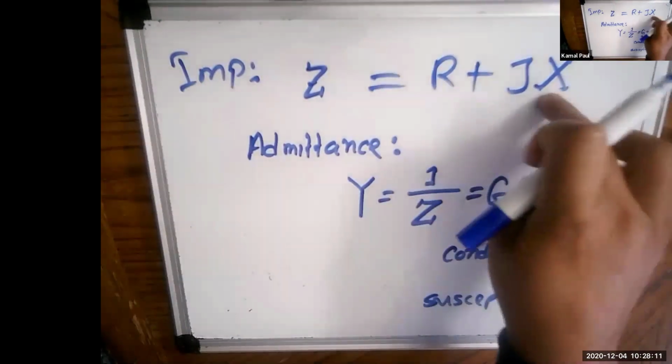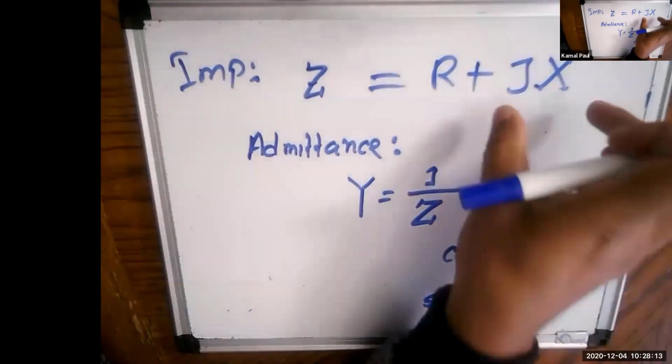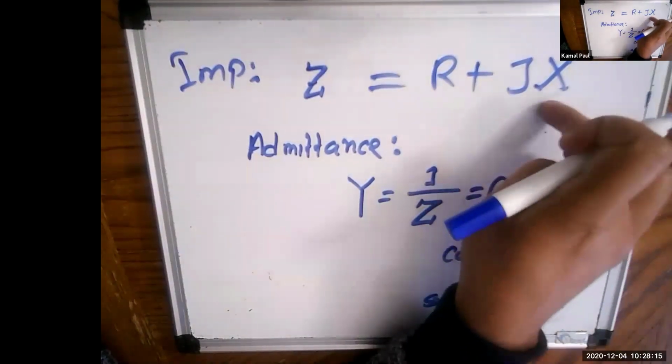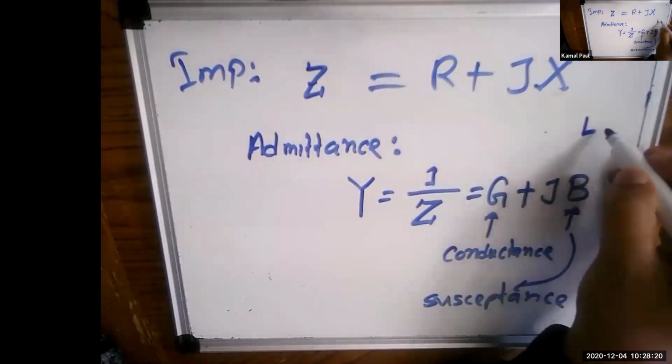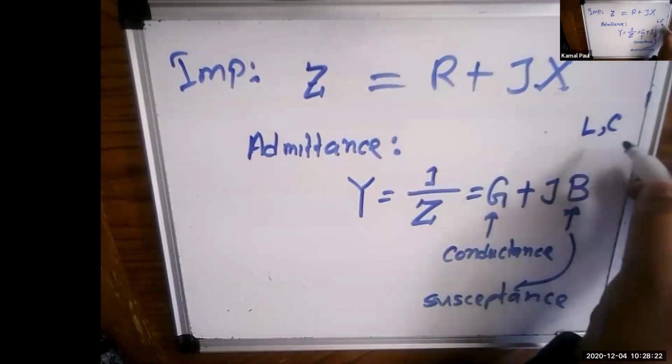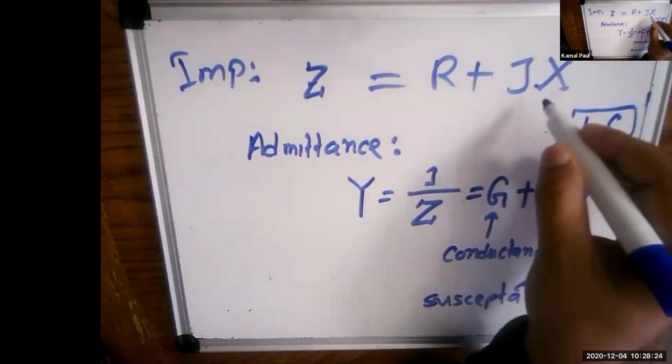It doesn't matter. One thing matters: whenever it comes to X, obviously that circuit is related to either L or C or both of these circuit elements.